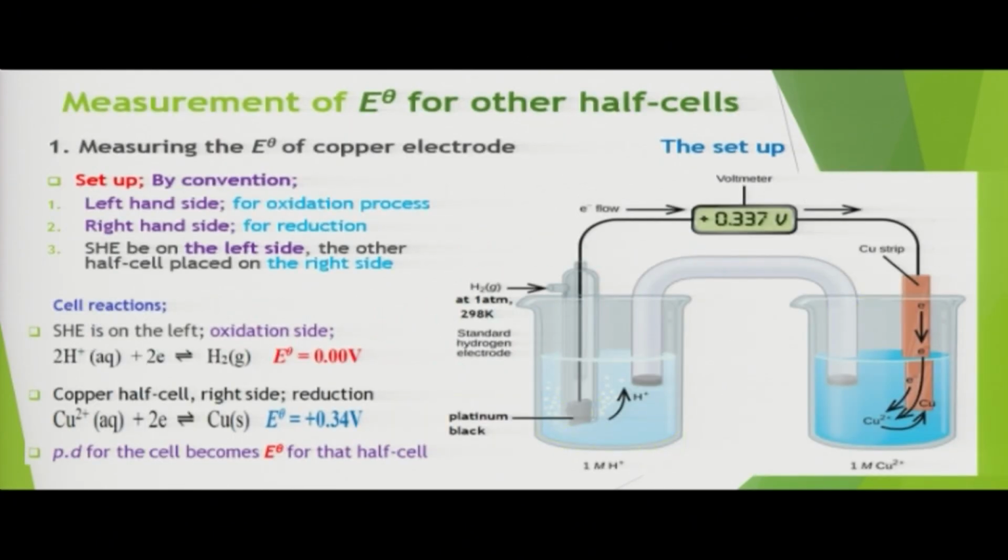But before we look at today's lesson, let's take a quick checkup on the previous lesson content. That is lesson 2. We looked at how to measure the standard electrode potential, which we call E theta, for half cells. The point of emphasis is simply: get your half cell, which must be on the left-hand side, connected to the half cell you want to determine its potential.